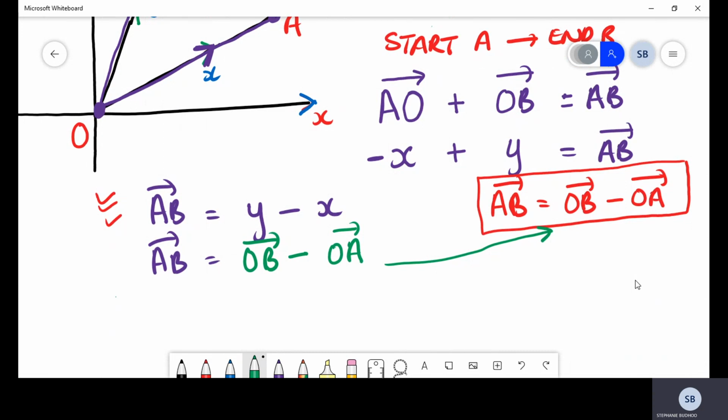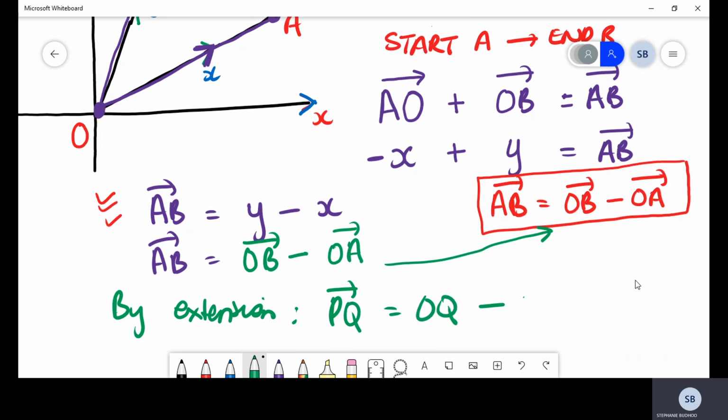So, by extension, if the vector AB is broken up into OB subtract OA, then if we had to find PQ, it will be broken up into OQ minus OP.